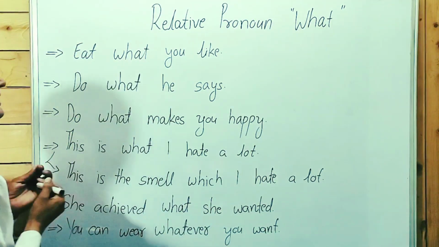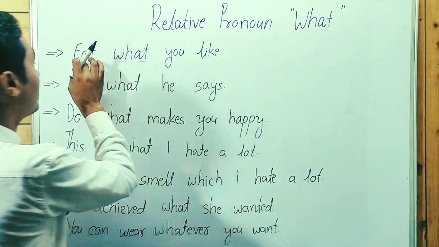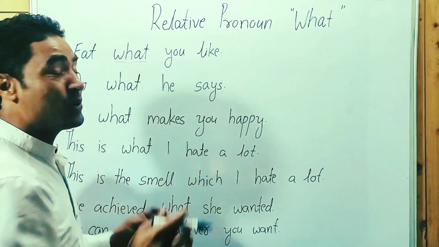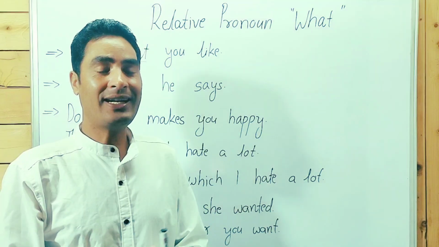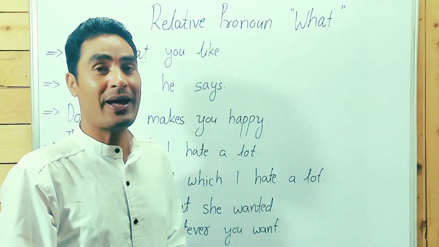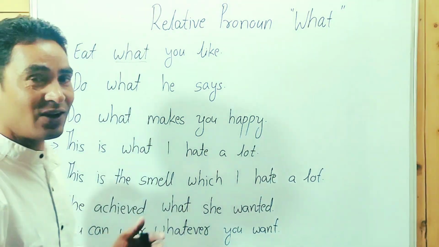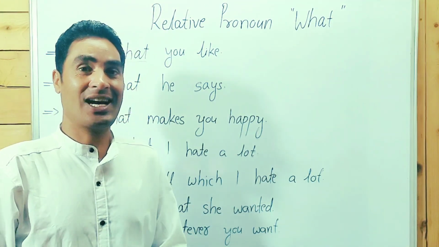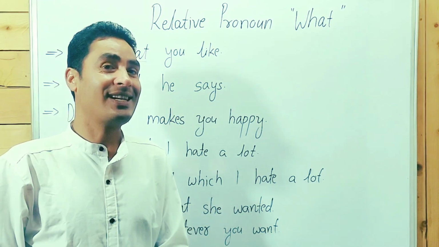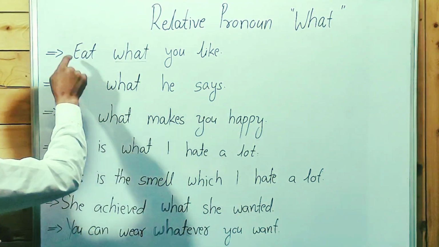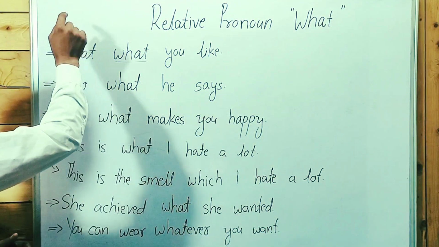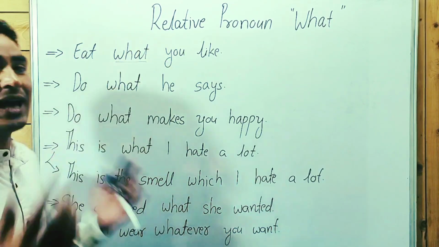Here, what is a relative pronoun. This is an imperative sentence, a sentence which gives us order, suggestion, advice, etc. Here the subject is hidden. You is hidden: you eat what you like.